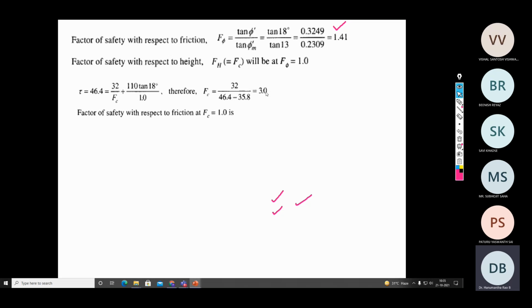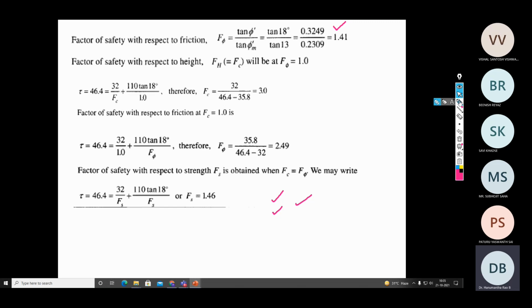Now case 2 is the factor of safety with respect to friction when F c is unity. This you have already exercised in the previous sum, so repeat the same thing. Corresponding to the shear stress of 46.4, what would be the F phi value when you consider F c as unity?